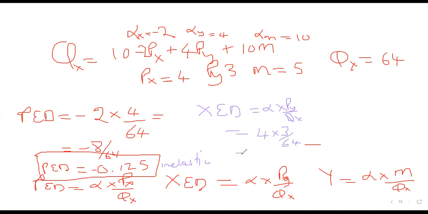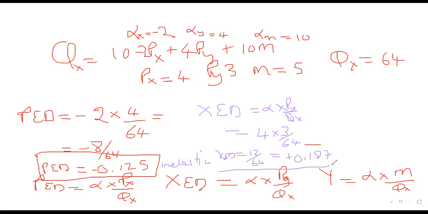So we're going to get 12 over 64, which gives us positive 0.1875.